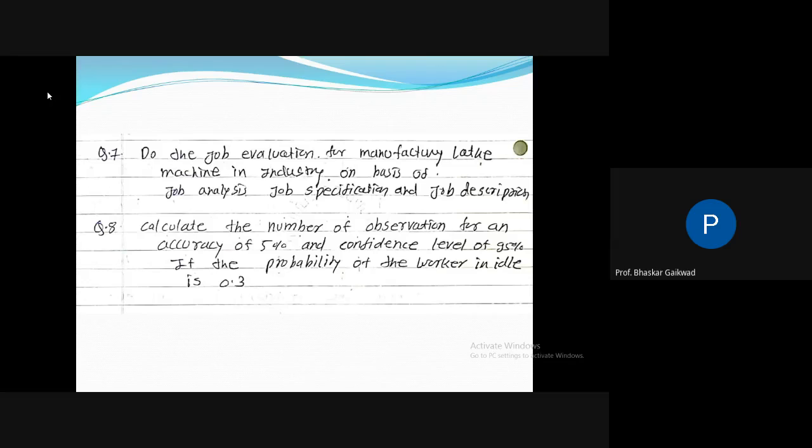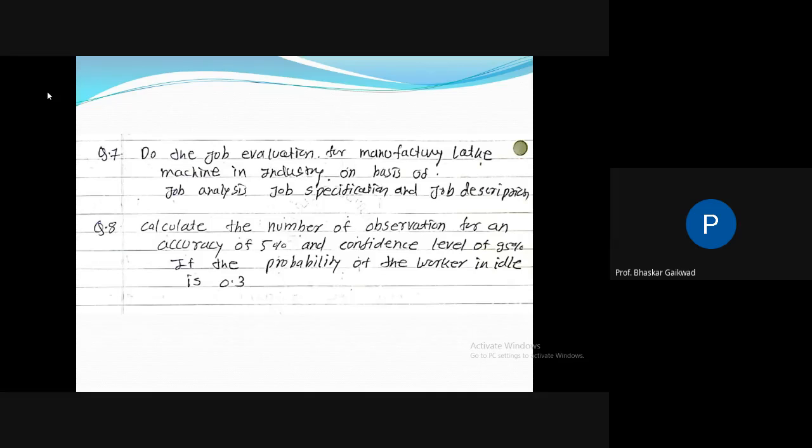Now, the last question is there. This is related to work sampling. In industry, whenever mass production is there, then we have to make use of the work sampling process. So here, calculate the number of observations for an accuracy of 5% and confidence level of 95% if the probability of the worker is 0.3.